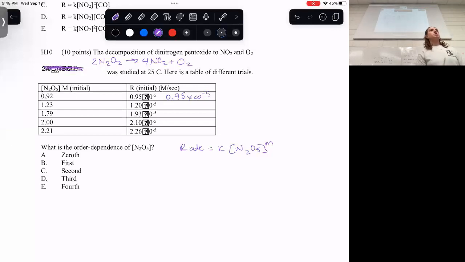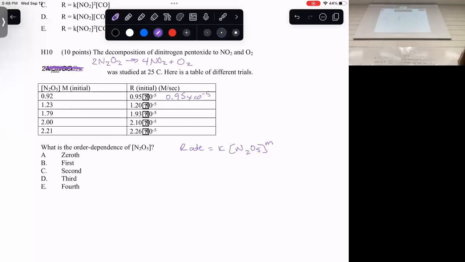Do we know what the rate would be for one of these reactions? Are we given rates? Yes, we're given rates. Are we given K? No. Does that matter? No. Are we given concentrations of N2O5? Yes. Are we given M? No, that's what we're solving for.